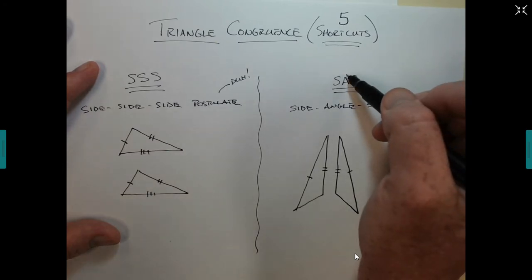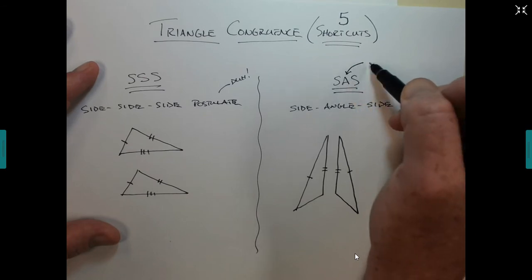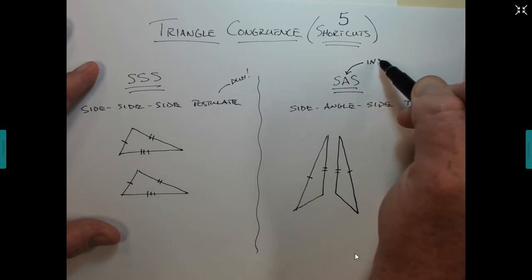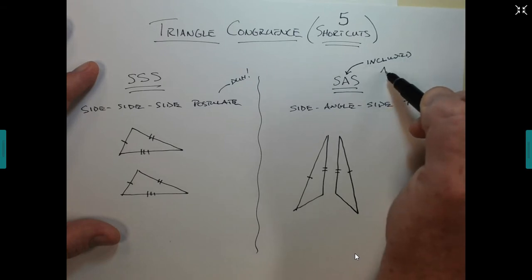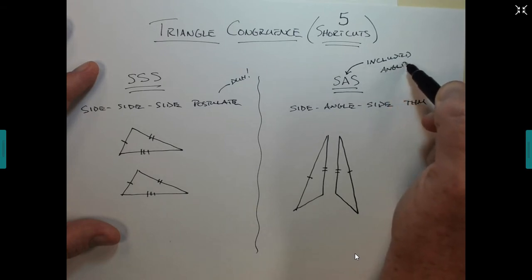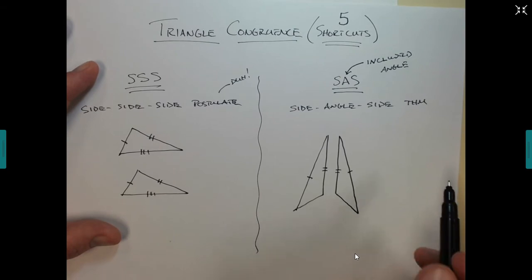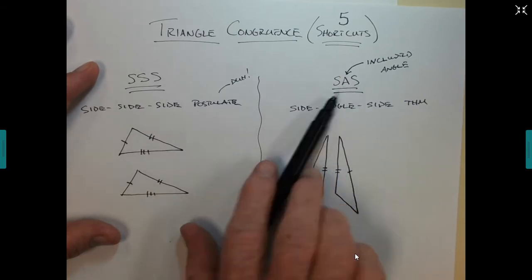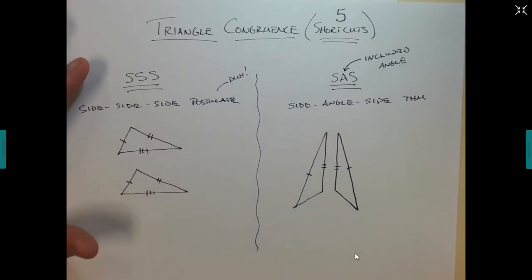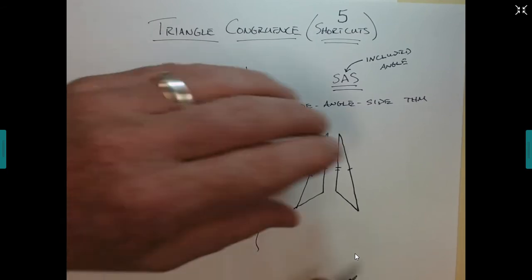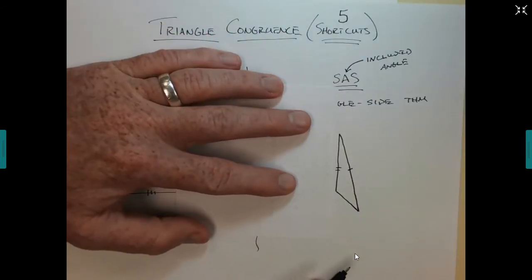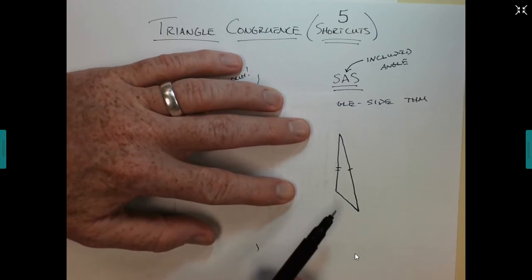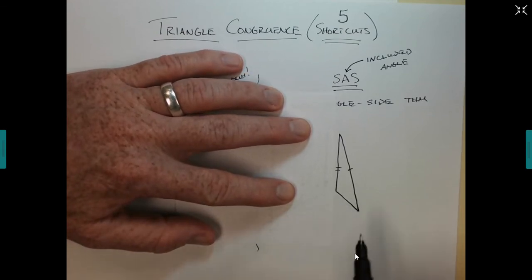Does everybody see this A that stands for angle is in between the 2 S's? That's called the included angle, which means if we're going to use this shortcut, I would need to know the angle in between the sides is congruent. So if we're just looking at one of these triangles, the angle in between is not the two down here.